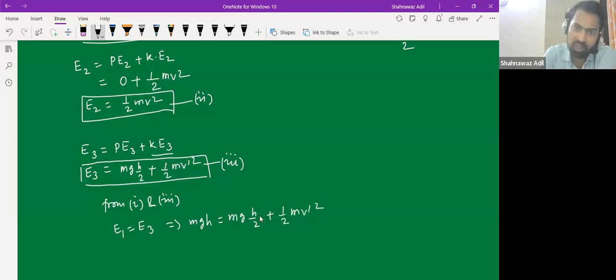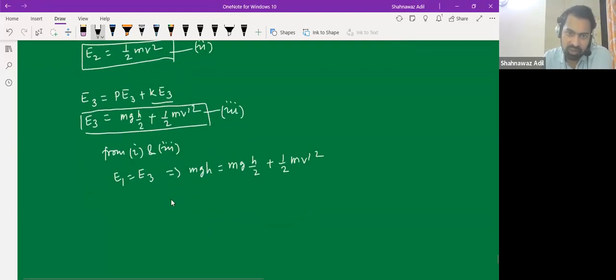So mgh minus mgh by 2 equals half mv prime square. So mgh by 2 equals half mv prime square.